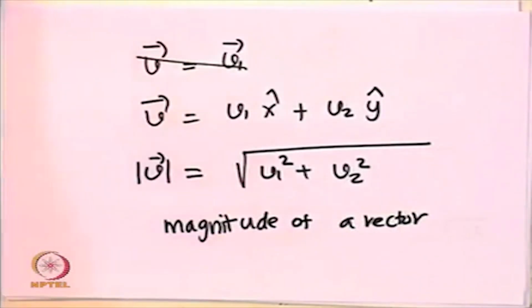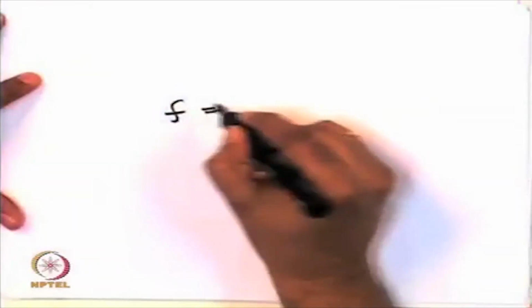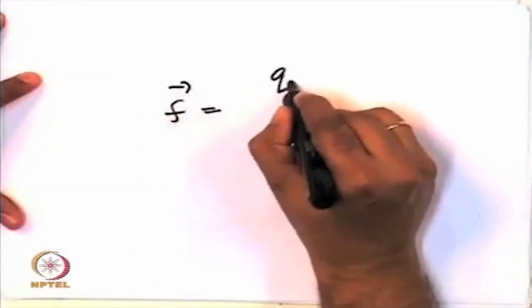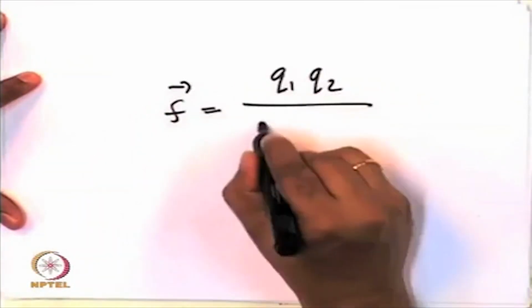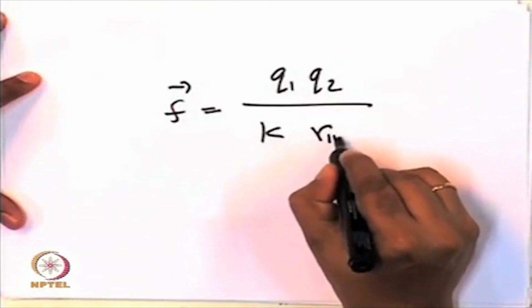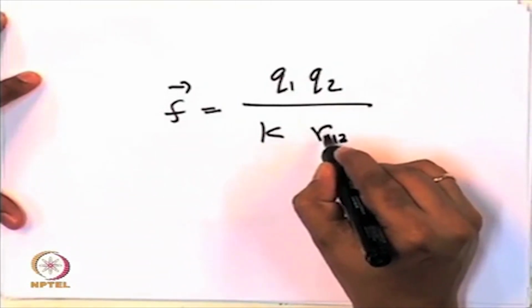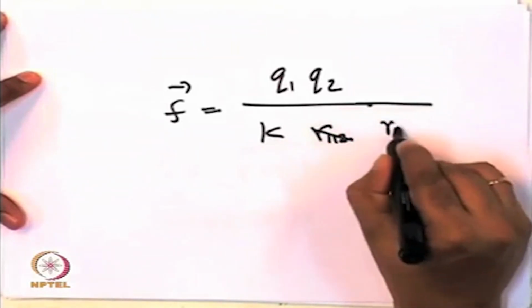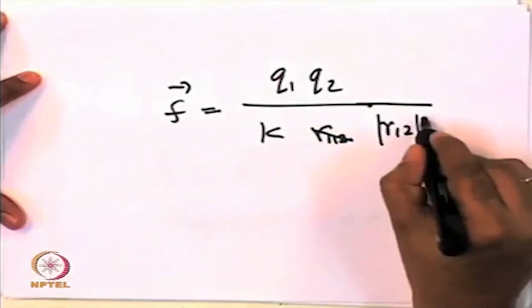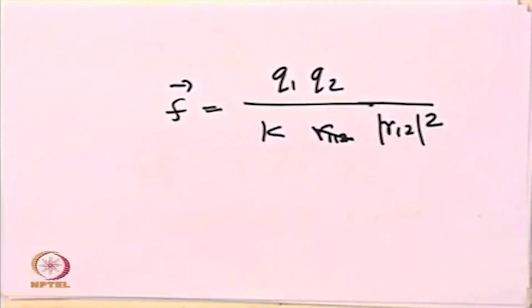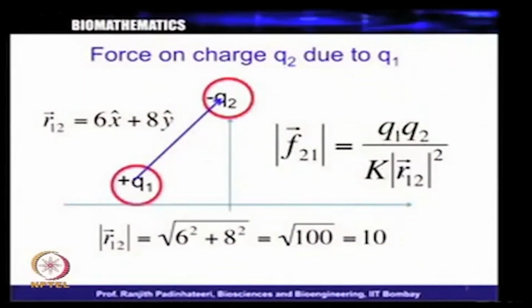So, in the case we are discussing, what we want to calculate is actually the magnitude of force. We had force equal to q1 q2 by k times r12 magnitude squared. So, have a look at this slide again. We had r12 squared here.